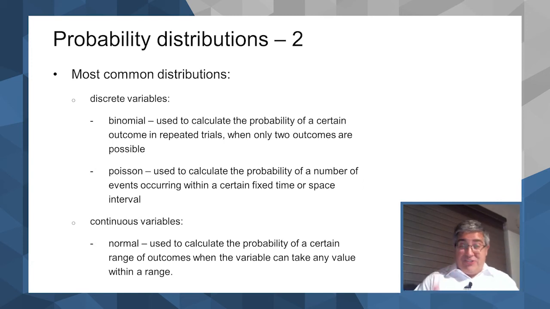The other discrete distribution that is very widely used is the Poisson, where you have a number of discrete outcomes, but more than 2. So phone calls, for example, you either get 0 or 1 or 2 or 3 within a certain time period. And then you've got the distribution that is the most common with continuous variables, which is the normal distribution.